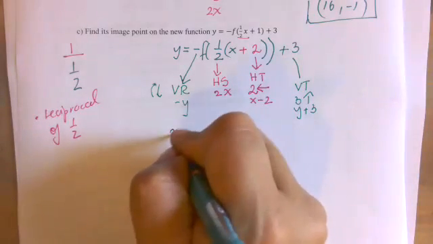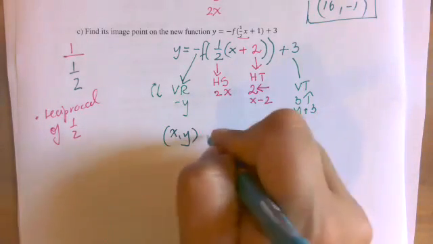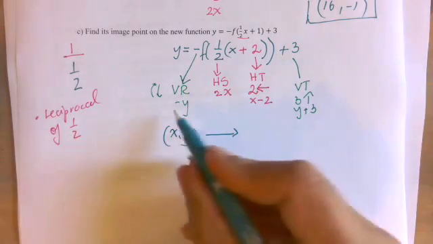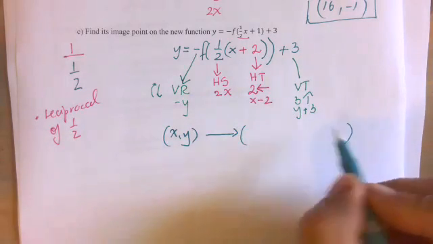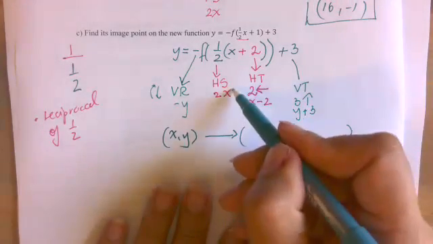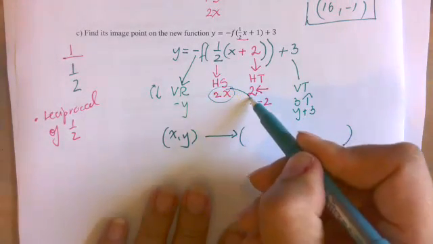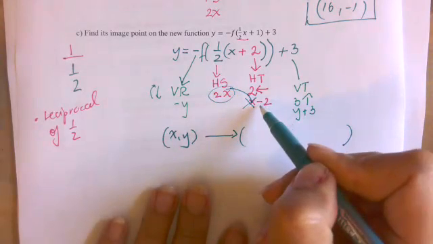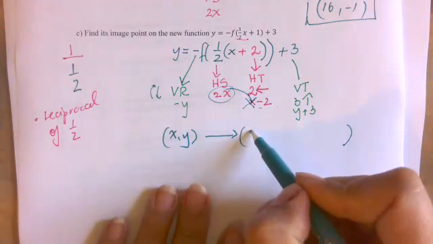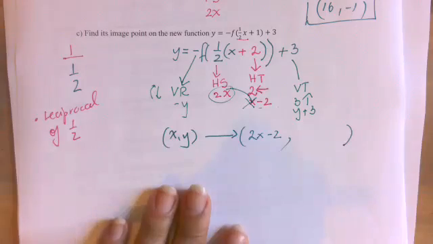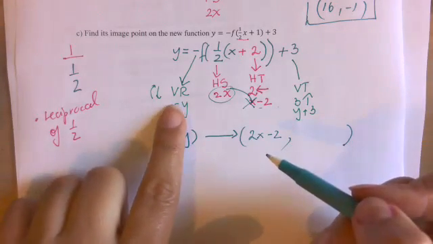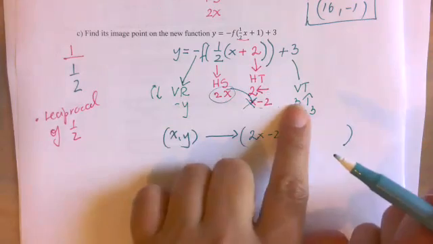Now, for any point (x, y), if I have to work only with points using these transformations, they become, let's see what point. For x's, we have 2x first, and then replace this one, and then subtract 2. So it becomes 2x minus 2, comma. For y, we take this negative y and plug it in there.